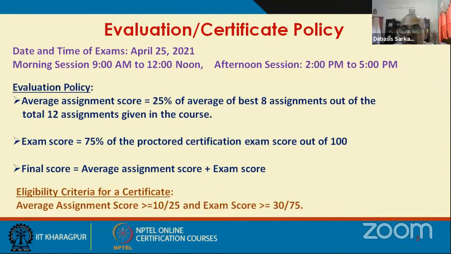Although the minimum score is 40, 10 plus 30 is 40 out of 100, this will come from both the average assignment score as well as the exam score, subject to those minimum conditions: minimum 10 marks out of 25 from the assignment score and minimum 30 out of 75 from the exam score. So I strongly suggest that you submit all the assignments regularly within the due time.